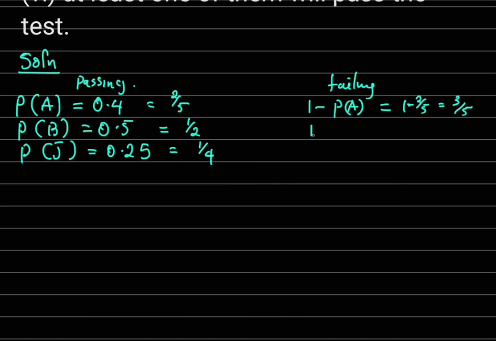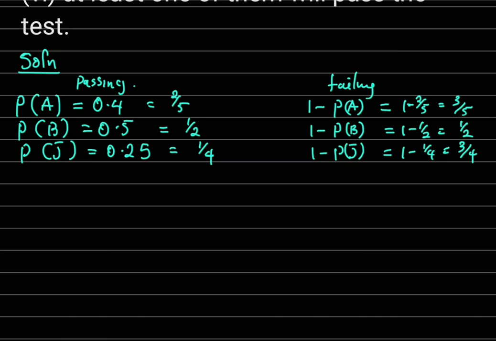Then for Bill, 1 minus the probability of Bill passing, which is 1 minus 1/2, which is still 1/2. Then the last one is 1 minus J passing, which is 1 minus 1/4, which is 3/4. Very important, we've gotten this. Now we move ahead to actually work out the questions.